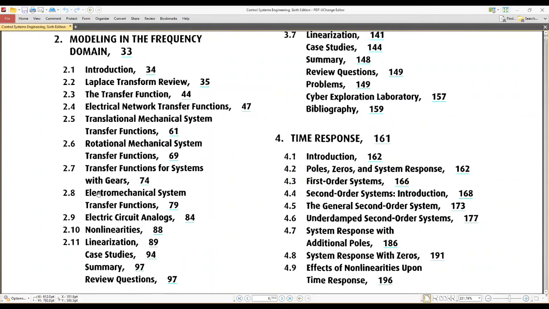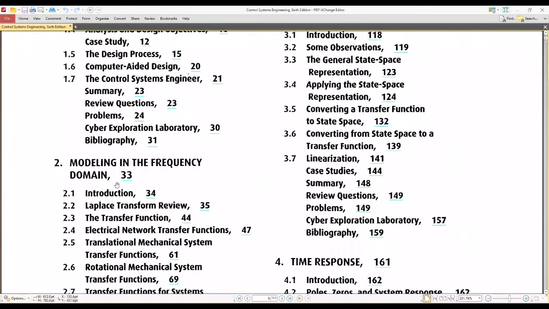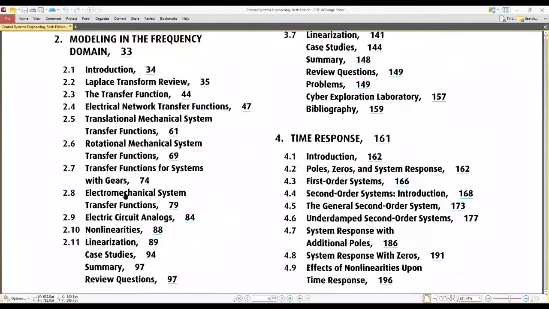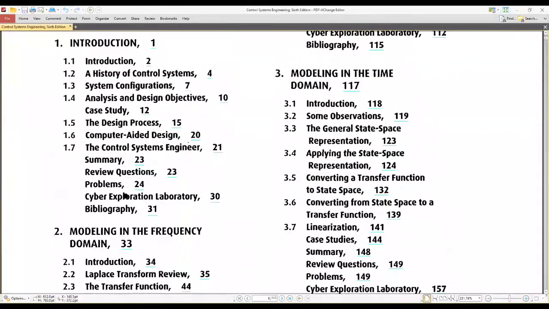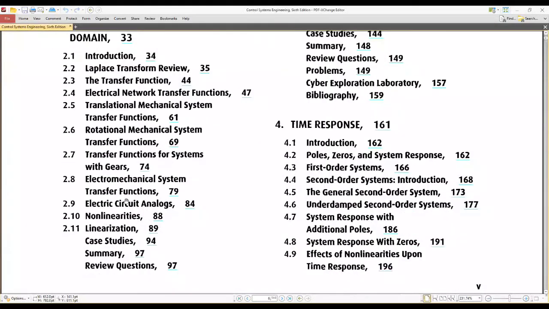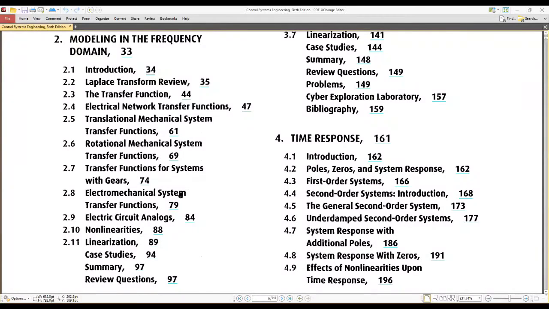The chapter title of chapter 2 is modeling in the frequency domain, and we'll see chapter 3 later. That is modeling in the time domain. If we can complete chapter 2, then you'll understand many things.